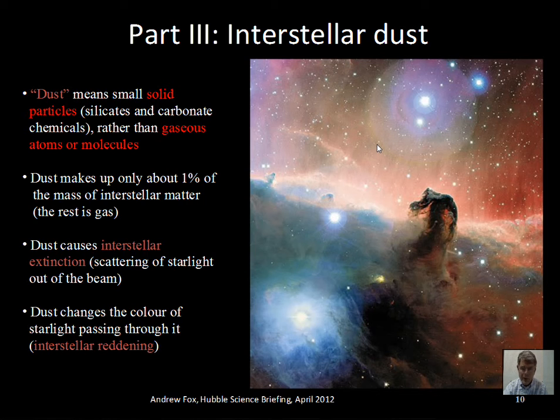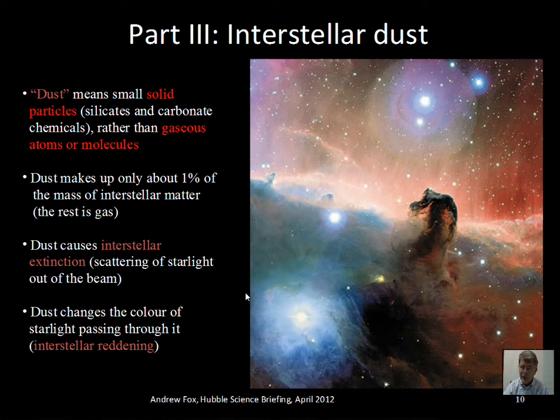So we get a change in the proportion of intensity in the colors of light. More red light makes it through, less blue, and the stars become tinged reddish. Let's say they don't change totally to red stars, but they lose some of their blue light, and the red light more easily makes it on through.